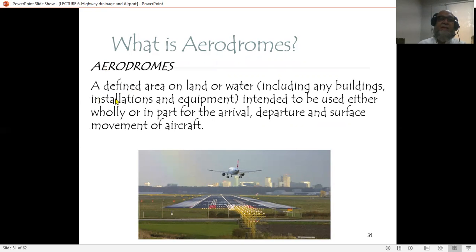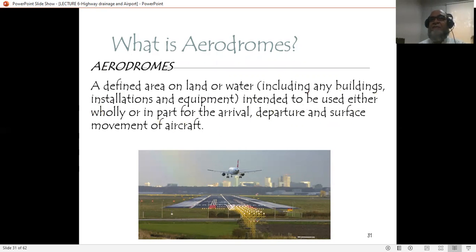So, an aerodrome is a defined area on land or water, including any buildings, installations, and equipment, intended to be used either wholly or in part for the arrival, departure, and surface movement of aircraft.